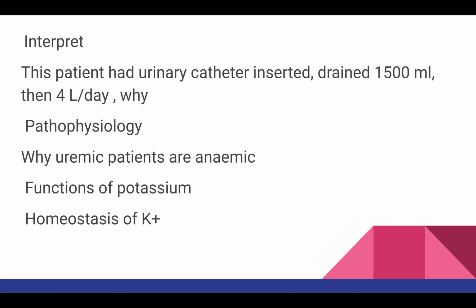This is because while the patient recovers from acute kidney injury, the stages are, initially the patient will be having oliguria, then in the next stage the patient will be having polyuria, and finally the recovery phase. In oliguric phase, the urine output will be less.